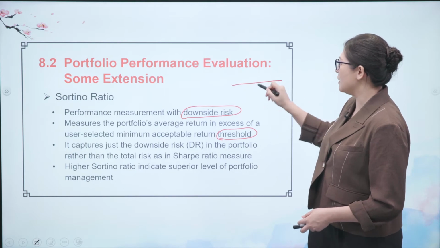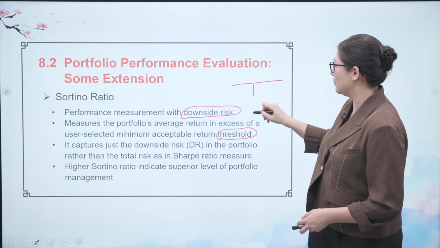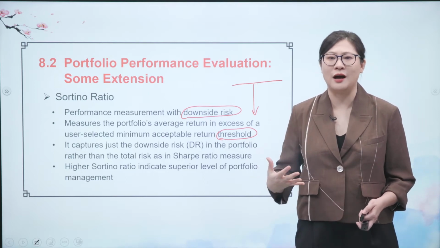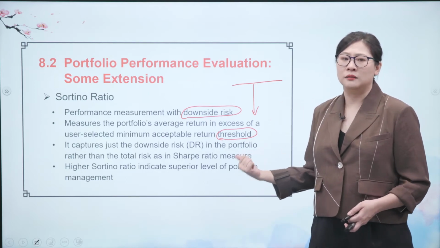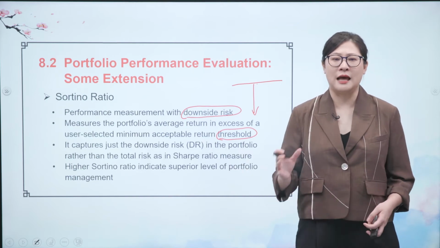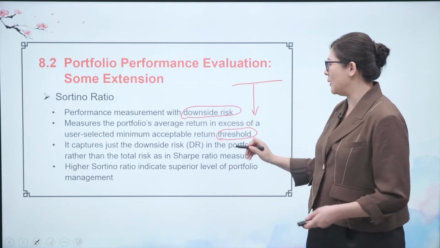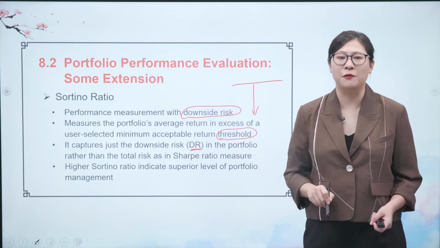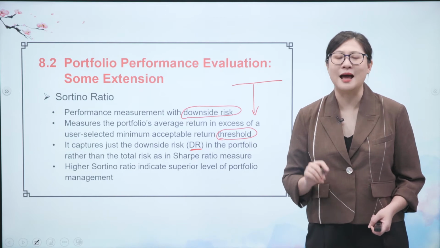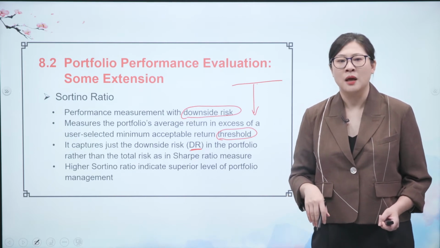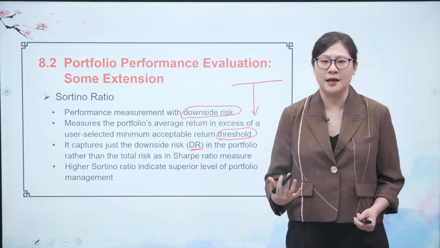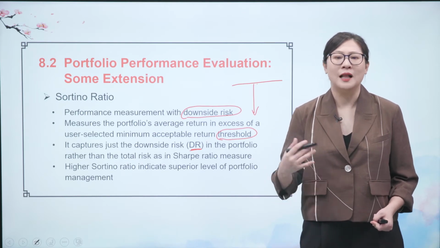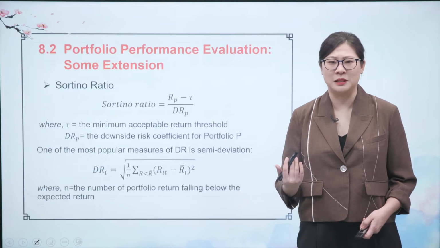If our return is below our threshold, which is this part here, definitely the risk is much higher. And the Sortino ratio captures the downside risk. We can use DR to denote the downside risk in the portfolio rather than the total risk as in the Sharpe ratio measure. And the conclusion is that a higher Sortino ratio indicates a superior level of portfolio management.